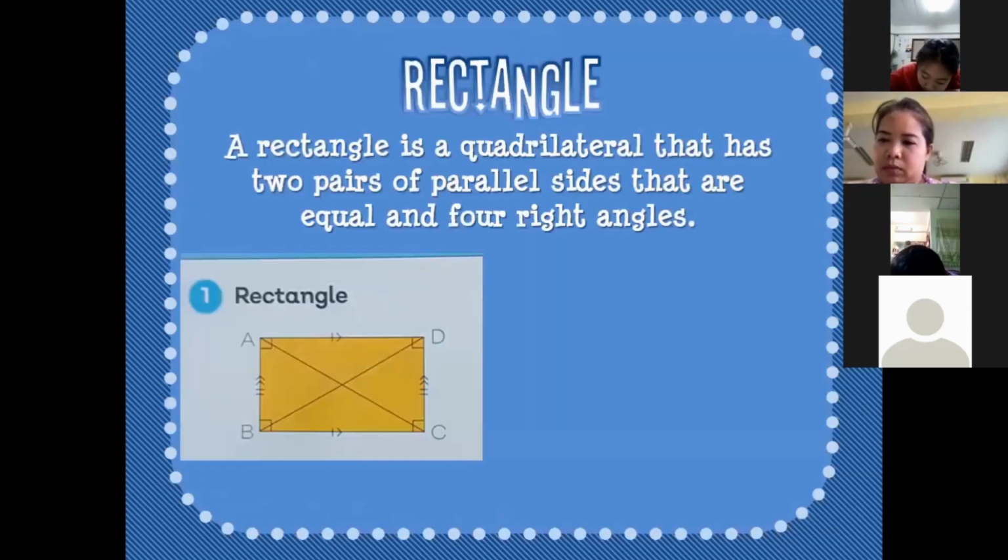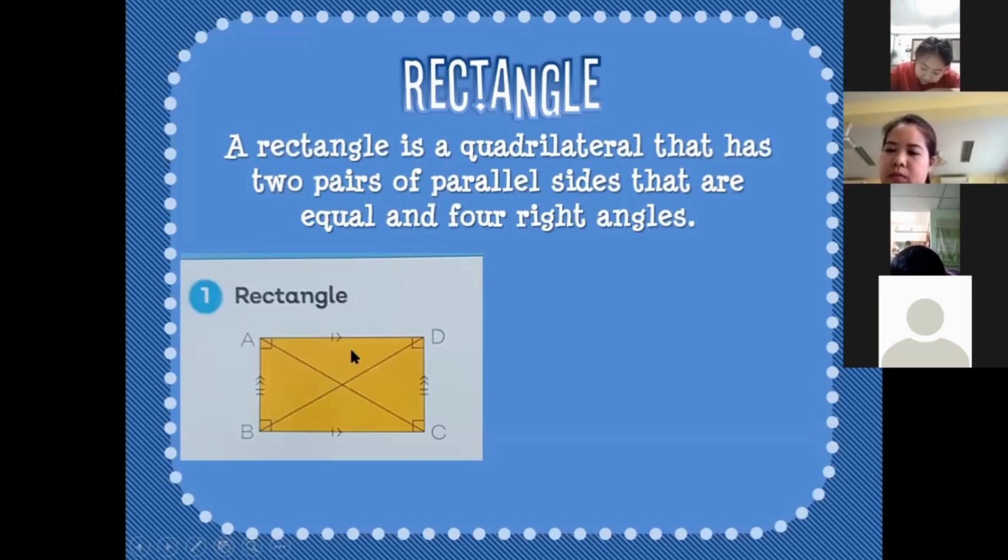rectangle. A rectangle is a quadrilateral that has two pairs of parallel sides. The parallel sides are the opposite sides, and the opposite sides are equal in length. It also has four right angles.